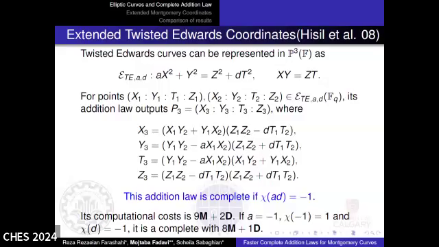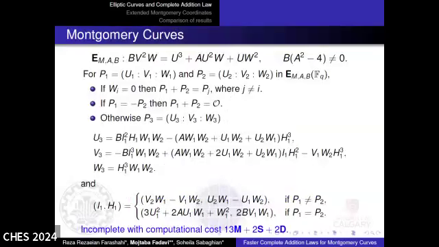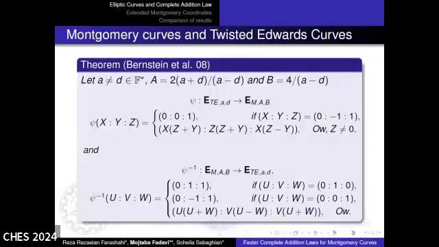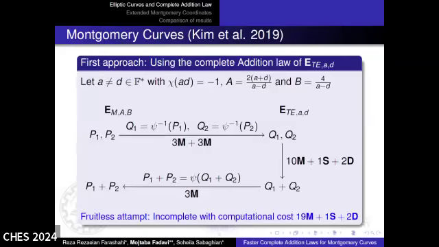We don't have an if statement, but for Montgomery curves, we don't have such a situation. In 2019, Kim et al. tried to provide complete addition laws for Montgomery curves.